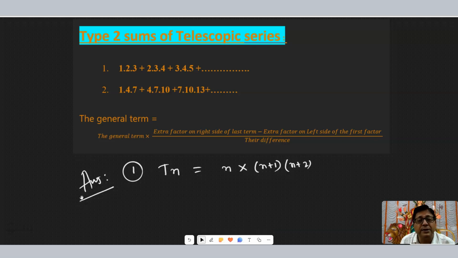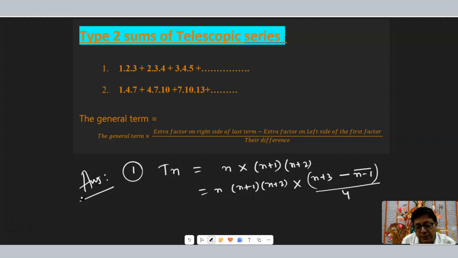How to modify it? We will write one term extra. You write n plus 1. In the numerator, on the right side of it, what will you get? n plus 3. Left side, what will you get? Before n, in this progression, n minus 1. And the difference is 4. You write.